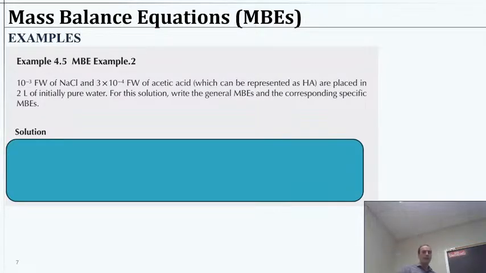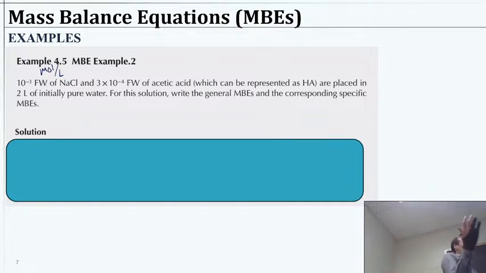Okay, so let's take a look at this example then. We have 10 to the minus third formula weight of sodium chloride. Just treat that as molecular weight. This is the formal way to describe it if it's going to dissolve. So this just means 10 to the minus third moles per liter of NaCl was added.